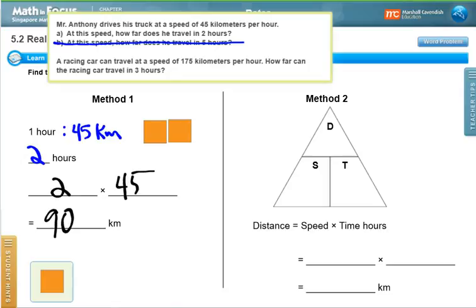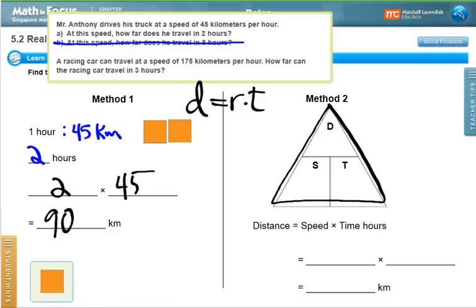And there's actually a formula that's usable here. Distance equals rate times time, and that's what we did. We took the time, 2 hours, times the rate of 45 kilometers per hour, giving us a distance of 90 kilometers. And that's what this picture is showing us over here for Unit 2. This triangle is helping us to remember this.